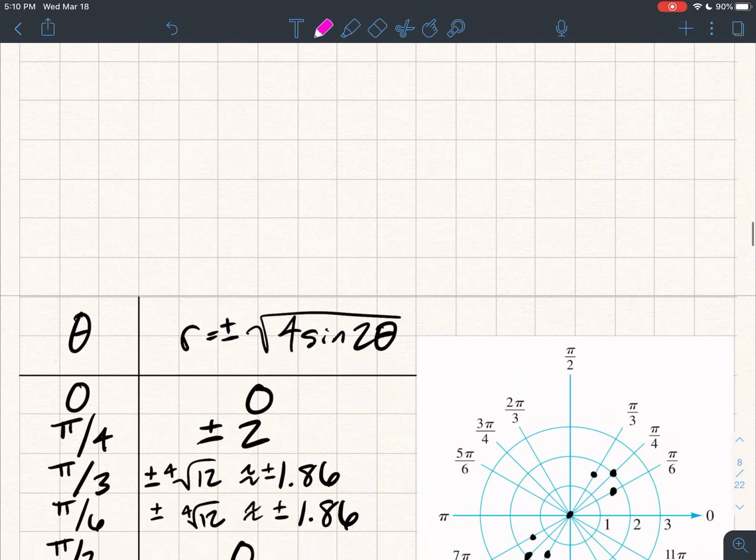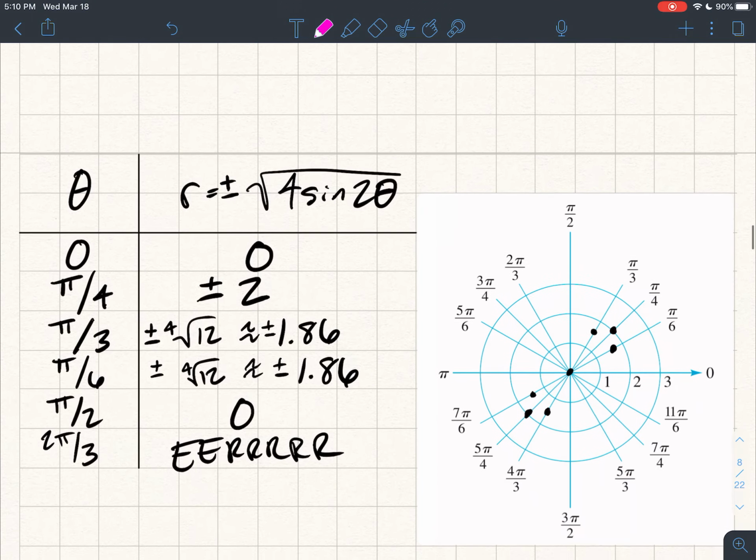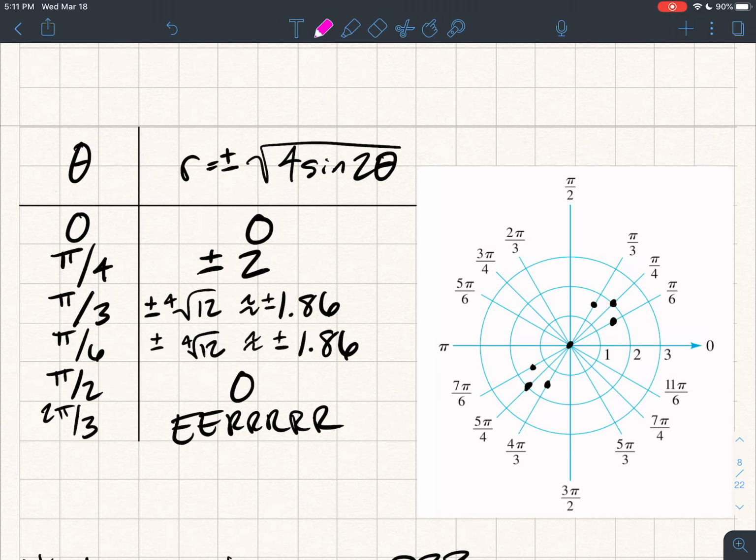All right, welcome back. So here is a filled out table. I have several ordered pairs here. I have 0, 0, the origin. When theta is pi over 4, my radius is going to be plus or minus 2. So that corresponds to this point for r being plus 2, or this point for r being minus 2.